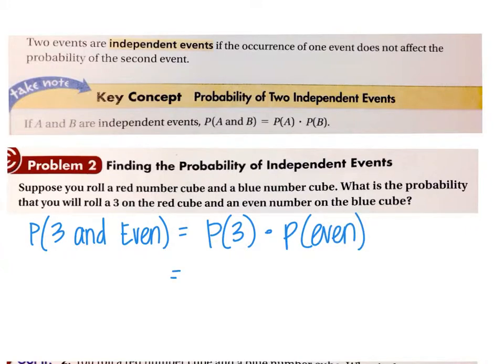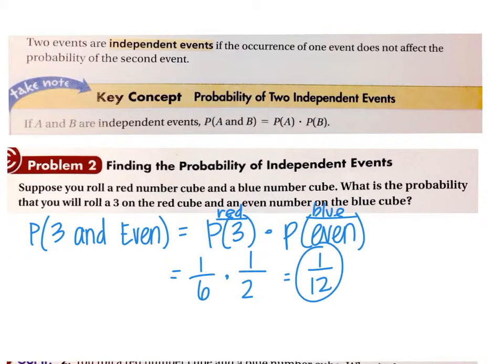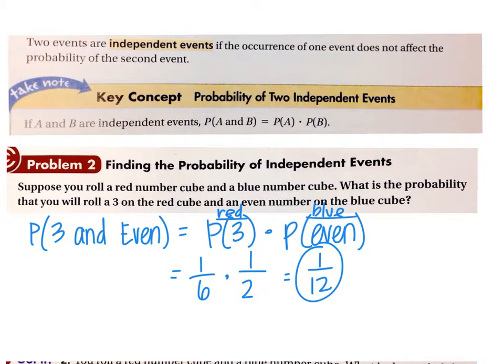The probability of a 3 on a number cube is 1 out of 6. I'm going to write red above that one and blue above this one because they are 2 different number cubes. The probability of an even on the blue number cube is 3 out of 6, which is 1/2. If you multiply them, you get 1/12. The thing you need to remember is the reason you multiplied them is because it said and.